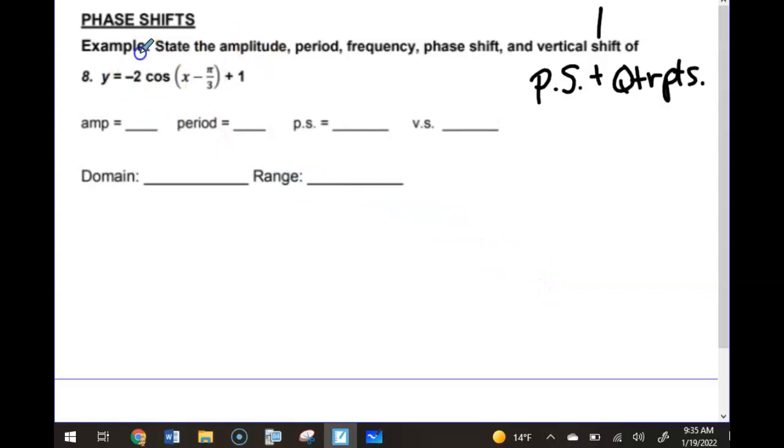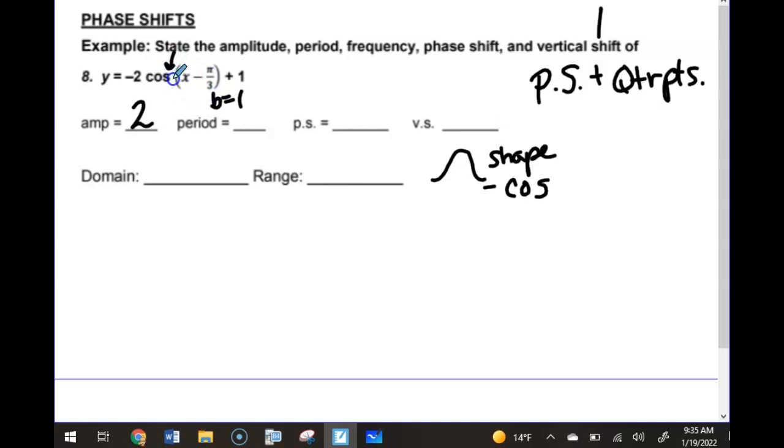All right, can anybody tell me the amplitude of this number 8 here? Is the amplitude -2? No, it's absolute value, so it's 2. The negative does indicate that if we're graphing it, it would be an upside down cosine, so the shape would be like this. The B in here is just 1.